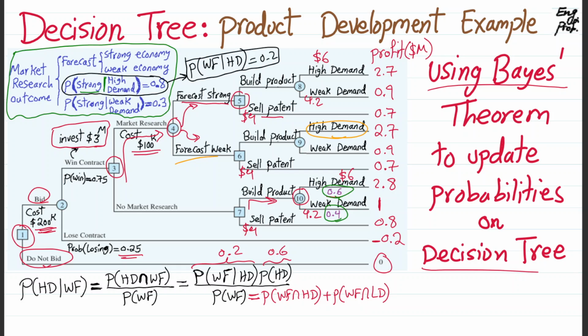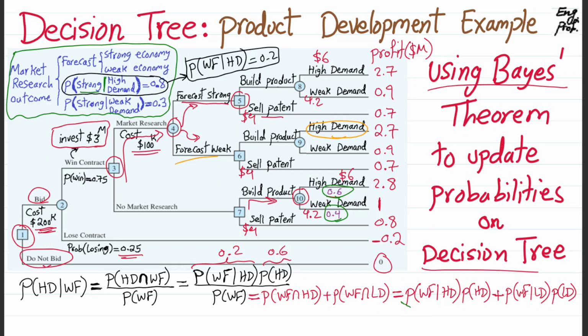Because high demand and low demand are the only possible situations, and when we consider both of them, they take into account all possible scenarios. So what we have is the probability of weak forecast given high demand times the probability of high demand for the first one, and the second one is the probability of weak forecast given low demand times the probability of low demand.